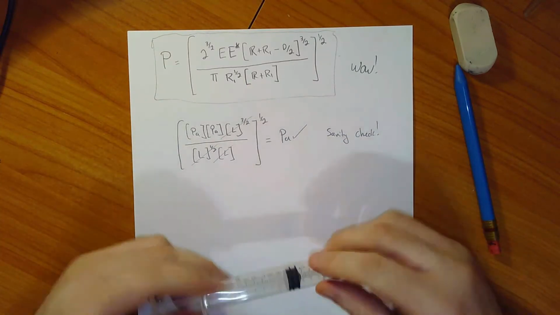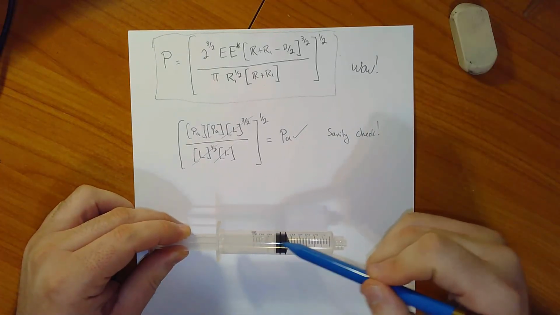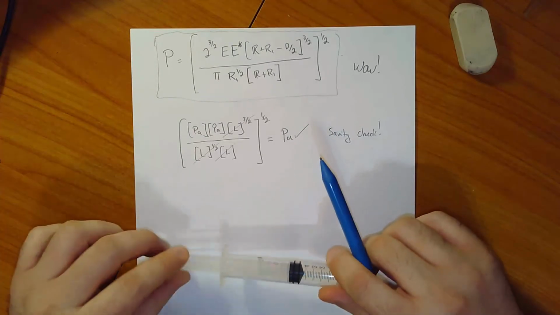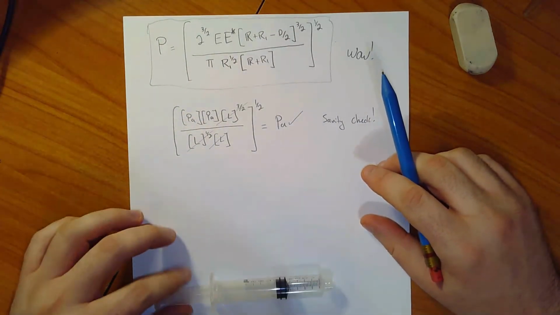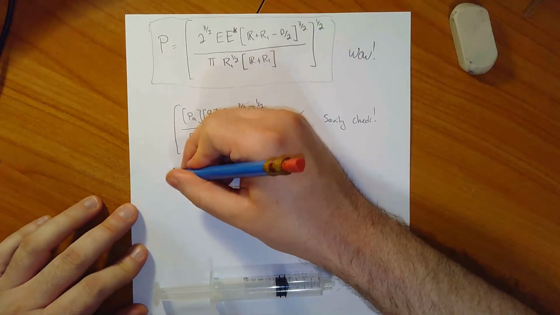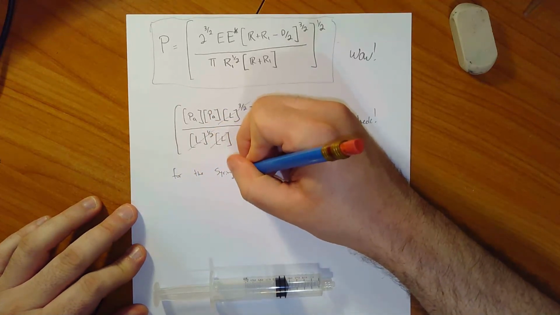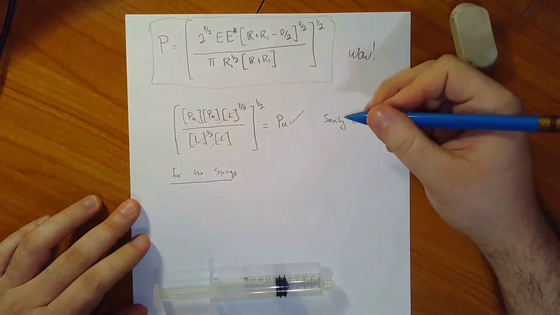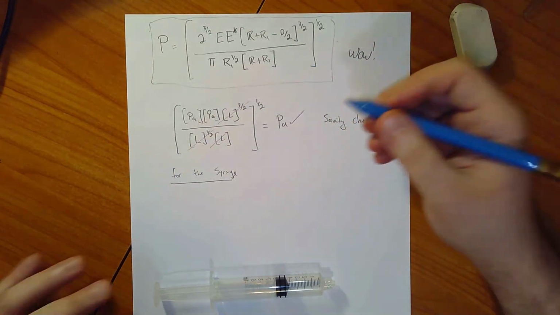I pointed out that there's a dynamic seal here, but there's effectively 2 O-rings, and so just to leave some modicum of mystery for you to look up, I did for the syringe determine all of the various values so that I could plug in.